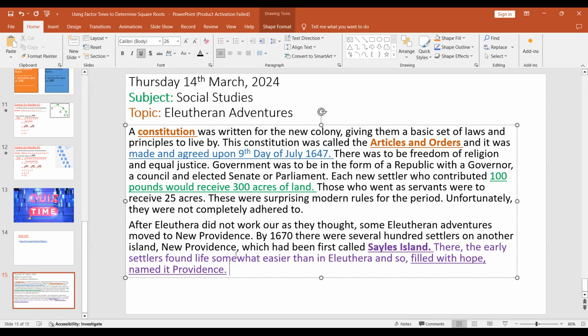The word new was added later. I know we call it New Providence, but the word new was added later.